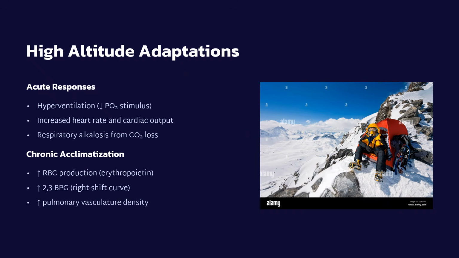In chronic acclimatization, especially for those who go into very high mountains like Mount Everest, their RBC is increased secondary to the release of erythropoietin, there's a right shift curve, and there's an increase in your pulmonary vasculature density.